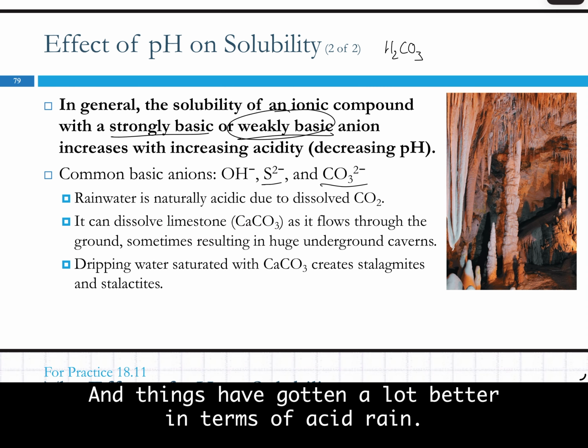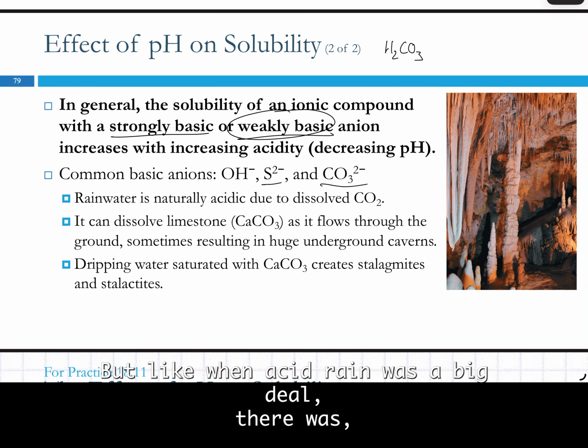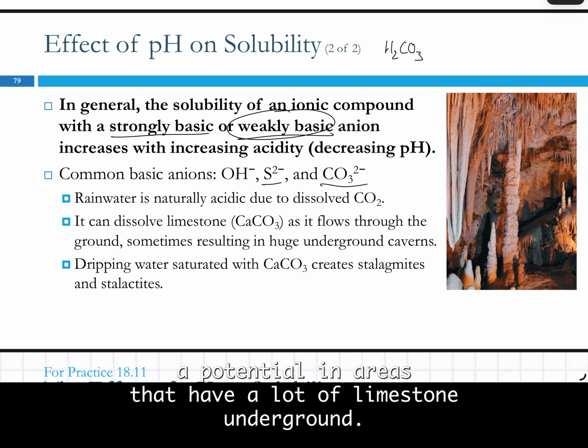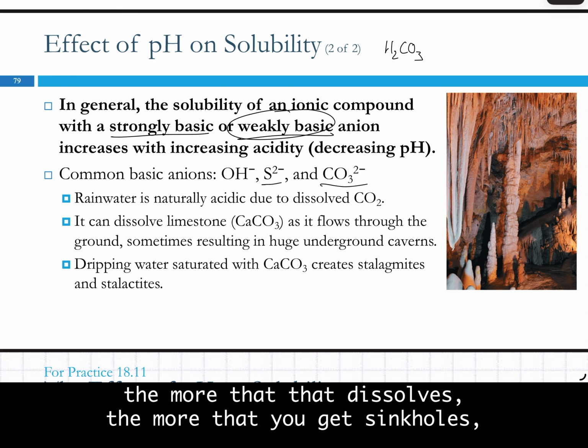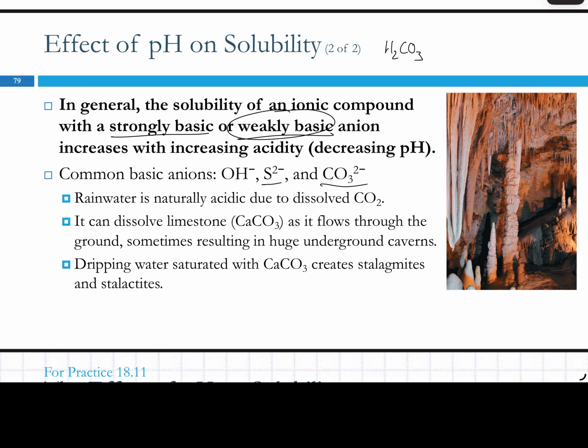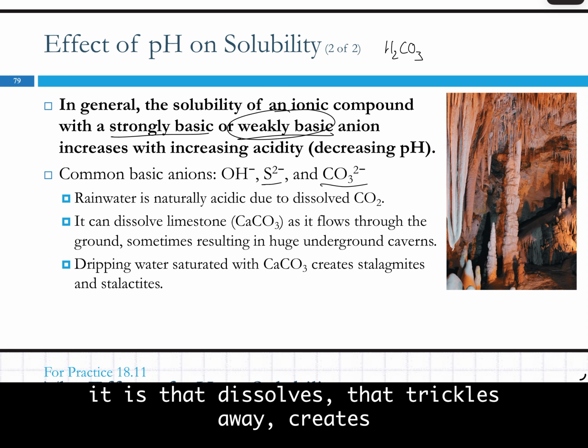Things have gotten a lot better in terms of acid rain. But when acid rain was a big deal, in areas that have a lot of limestone underground, the more acidic the rainwater got, the more that dissolved, and the more you got sinkholes. The surface isn't limestone, but underneath it is.